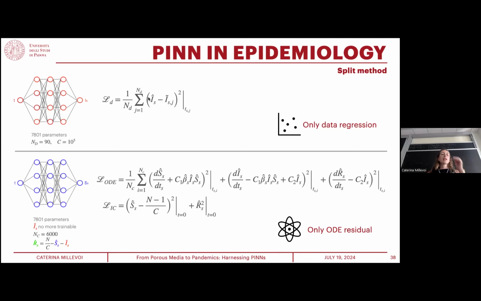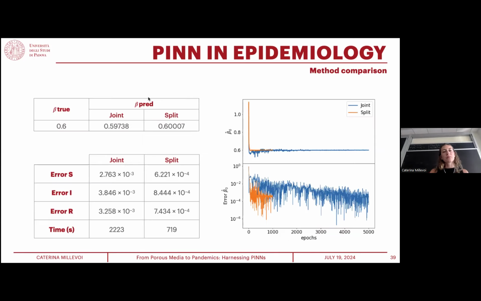And then we train the remaining neural networks by simply imposing the residuals. So these 2 trainings were split into a data regression part for those neural networks for which we have data, and then a second training that involved only the residuals of the governing system of equations.